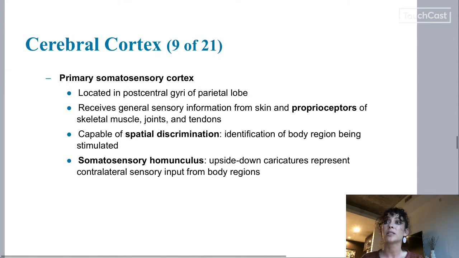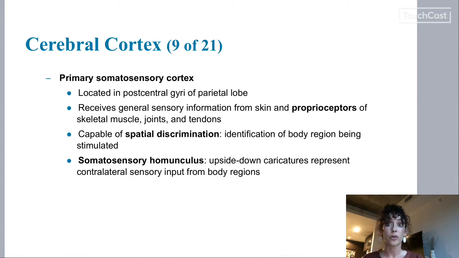So the primary somatosensory cortex is going to be located in the postcentral gyrus of the parietal lobe, so just posterior. It's going to receive general information from our skin and those proprioceptors. Proprioceptors, we have them all over the place. We have them in our skin, in skeletal muscles, joints, and tendons.